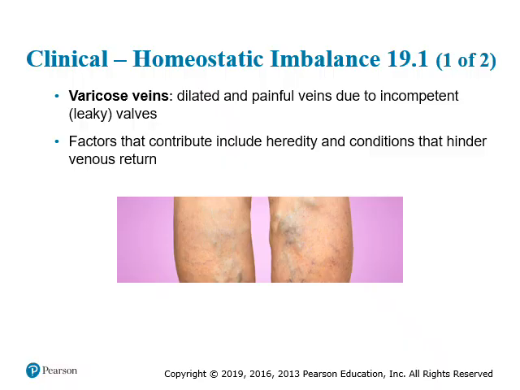And for the most part, they become very annoyingly painful due to incompetent or leaky valves. The factors that contribute to the development of this, most especially as we age, include genetics. Our predisposition to having varicose veins is actually inherited.